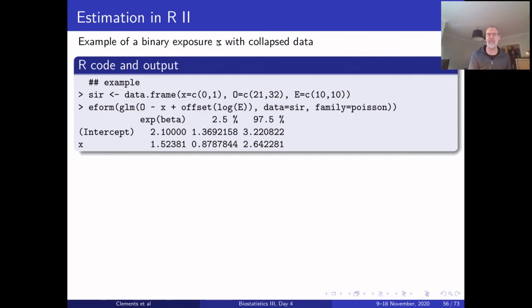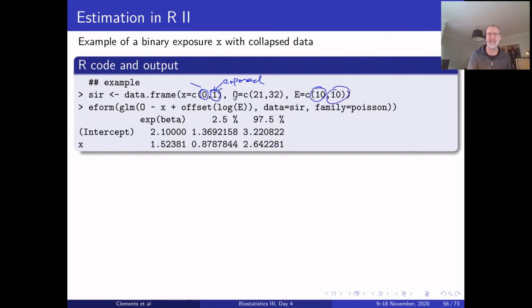So for an example, with a binary exposure X with collapsed data, that means say we had a group where some were exposed and the others were not, and then we use the background standard population rates and the person time to calculate the expected.